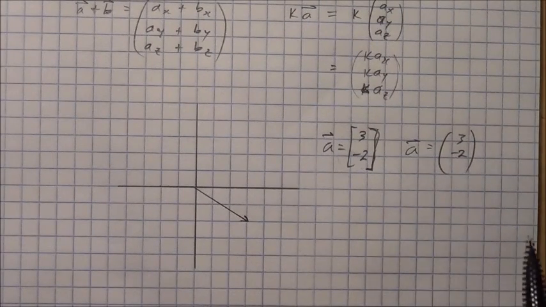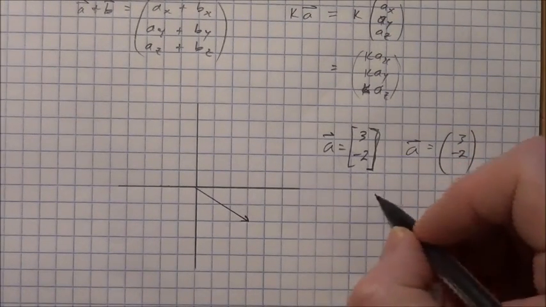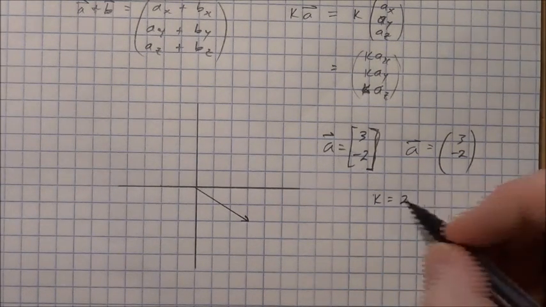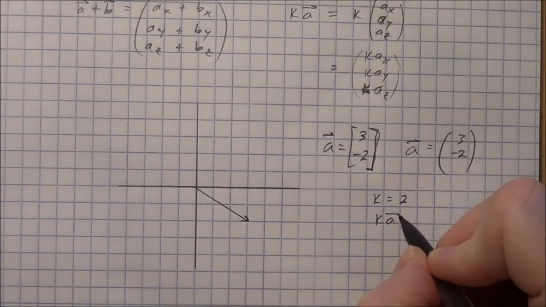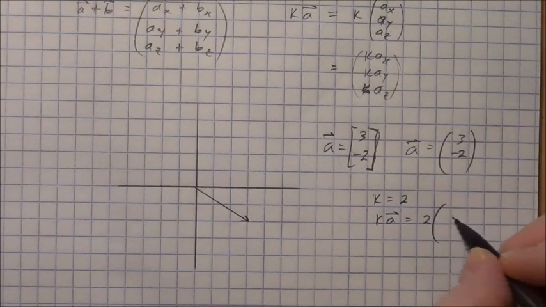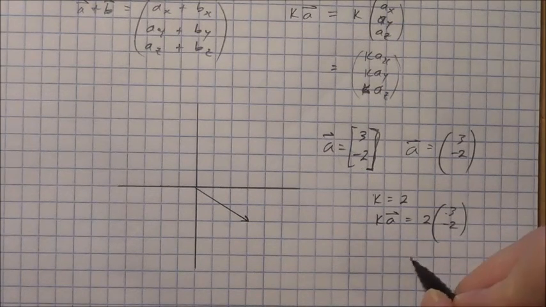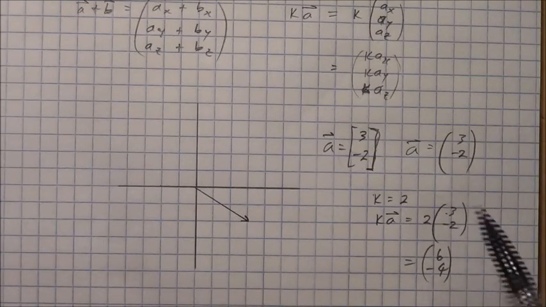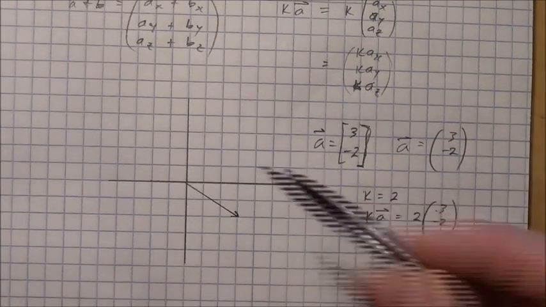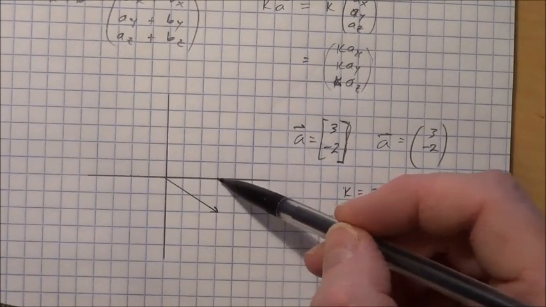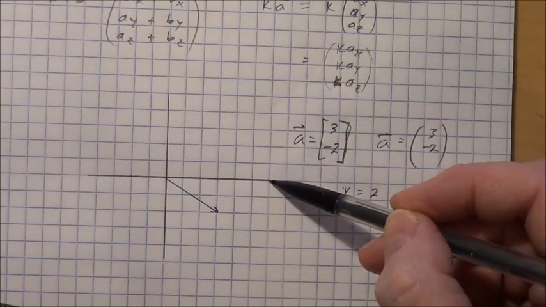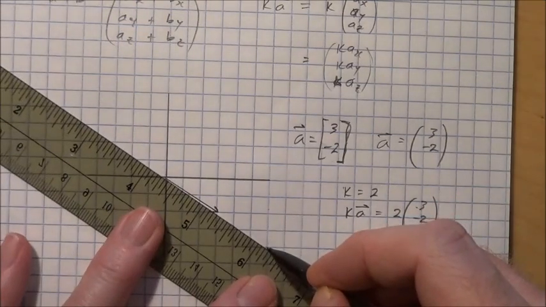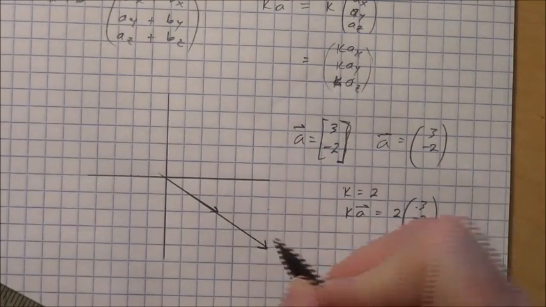And suppose we wanted to do k being 2, just to keep things simple. Then k multiplied by A would be 2 multiplied by (3, negative 2), which would give you (6, negative 4). Again, starting at the origin, we go 1, 2, 3, 4, 5, 6 units in the x direction, and then 1, 2, 3, 4 units down from the x-axis.